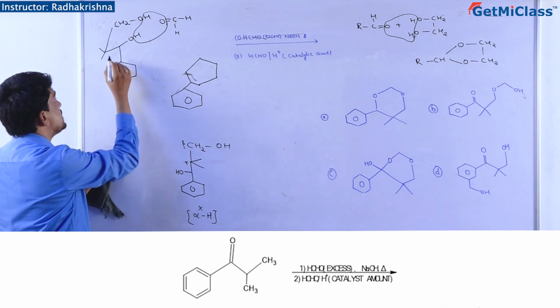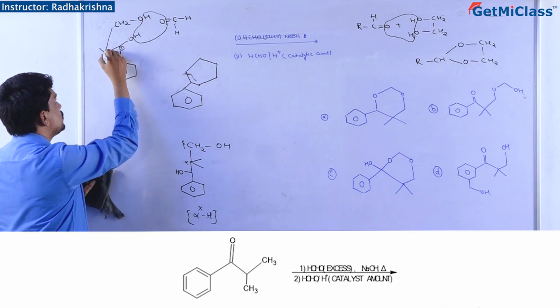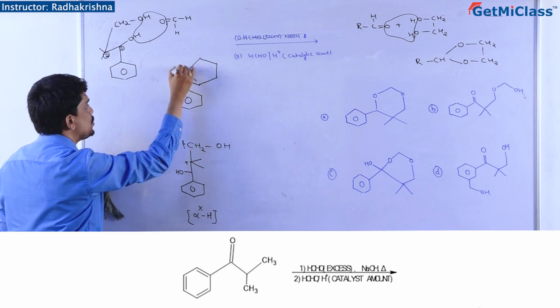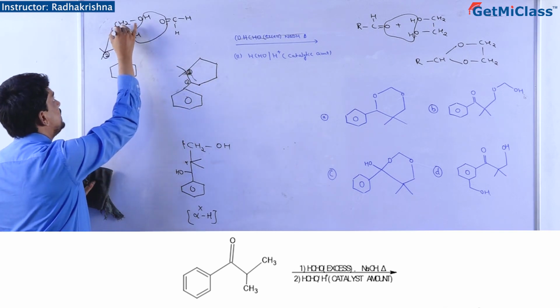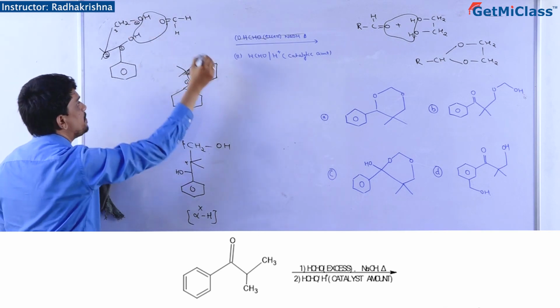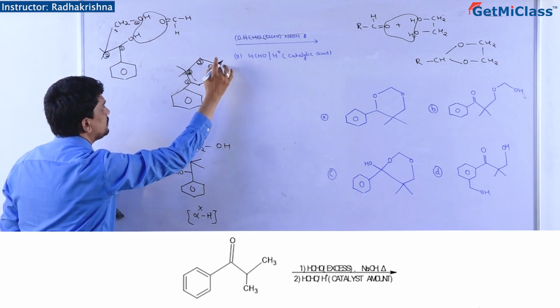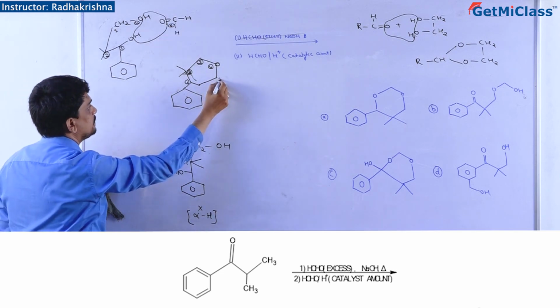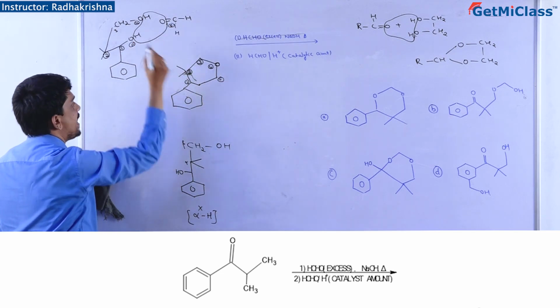Now everyone see this. At 1, 2. At 2 you have 2 methyls. Then 3, yeah, here. Then 4, it should be oxygen. Then we have the 5th one, carbon, and again the 6th one, we have oxygen.